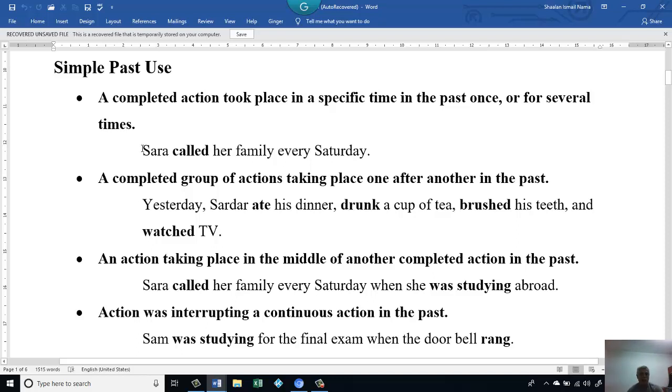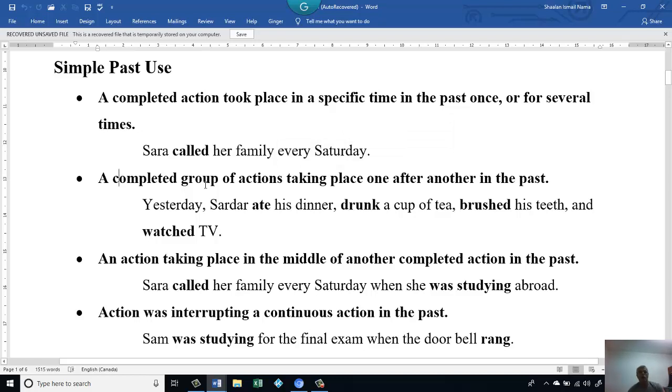If we look at the sentence here, we have a subject, then we have a verb, call, then we add ed to it in order to make it past. This kind of verb, we call regular verb. Then we have her family, that's the object. Then we have the adverb of time, every Saturday.